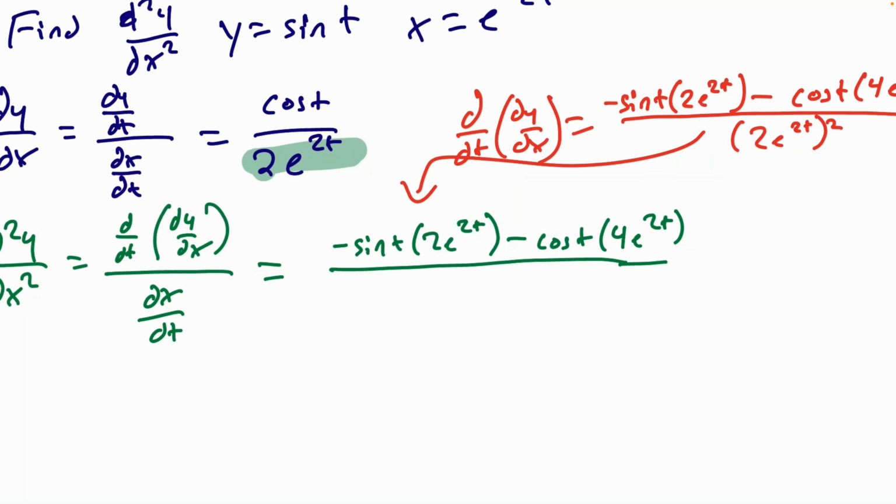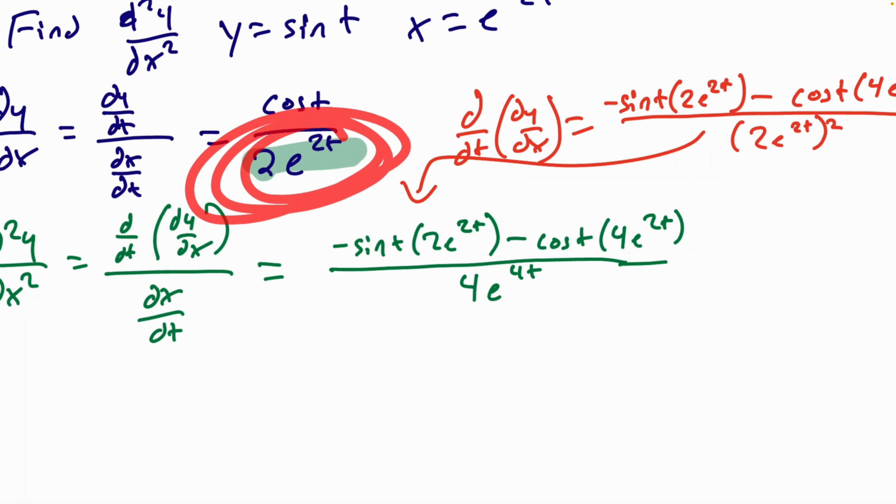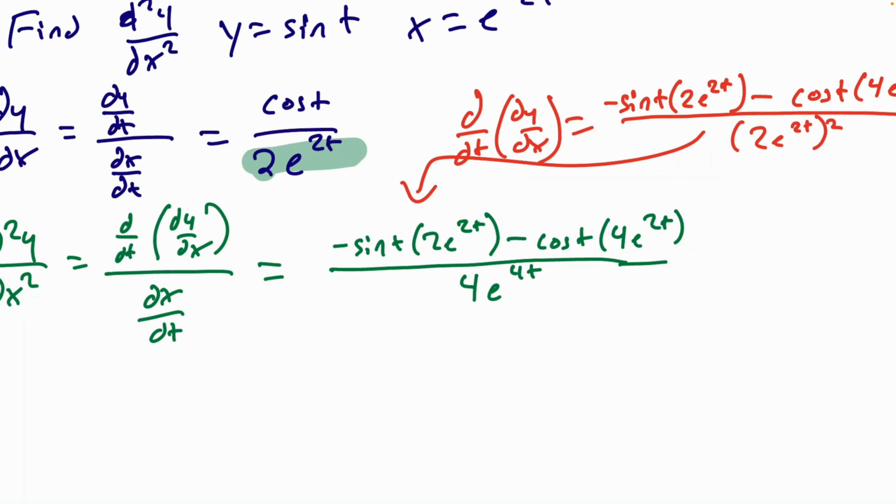Okay, so we now need to bring the denominator over, and so that will be the 2e to the 2t squared. We're going to distribute that squared. We'll get 4e to the 4t. And then we need to put all of that over this dx/dt that we have. So we're going to put all of that over 2e to the 2t.